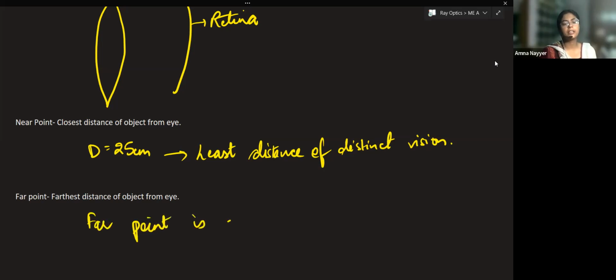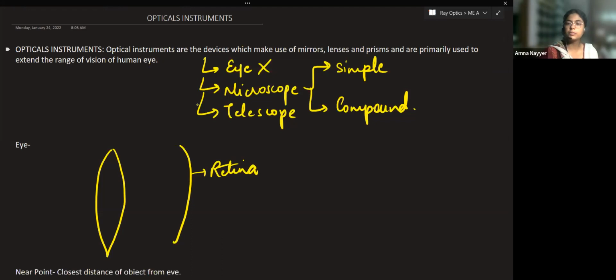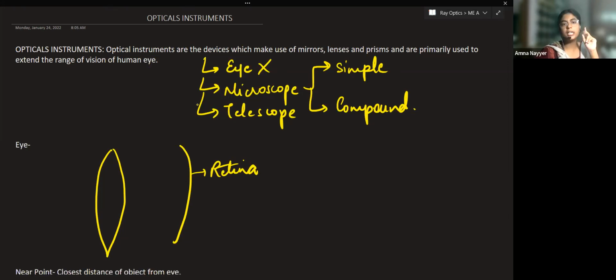Far point is infinity. Now see, as I was saying, we'll start with microscope, simple and compound microscopes we'll do. But one thing is here, in both of these simple and compound microscopes, we'll see two cases. First, when the final image will be formed at the least distance of distinct vision, that is 25 centimeters.